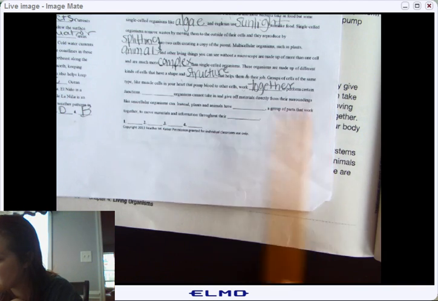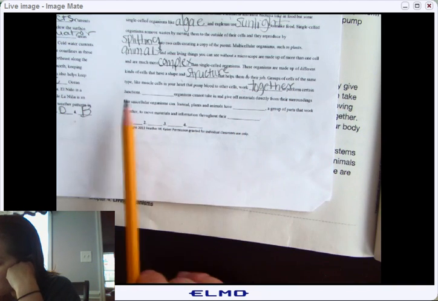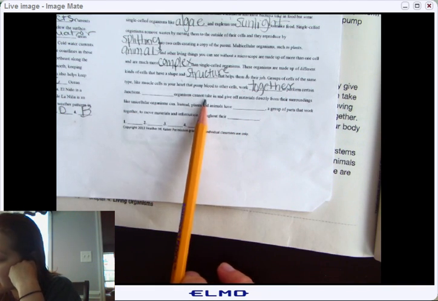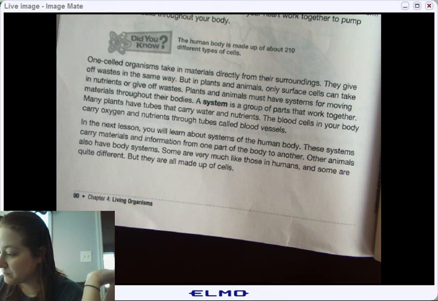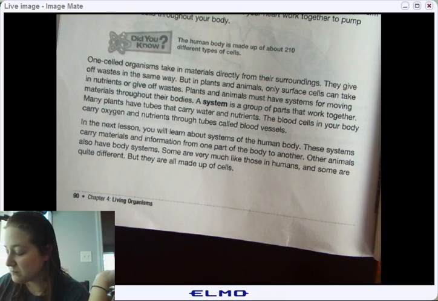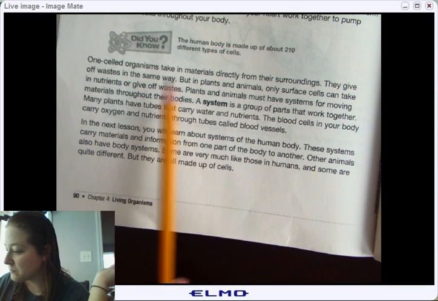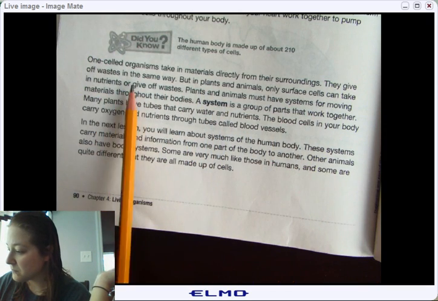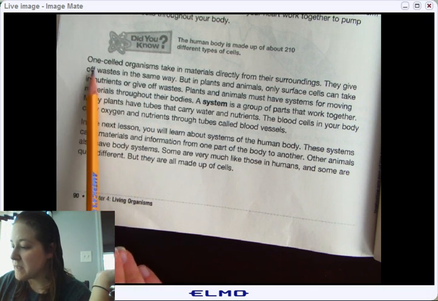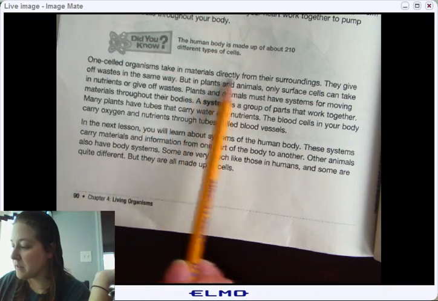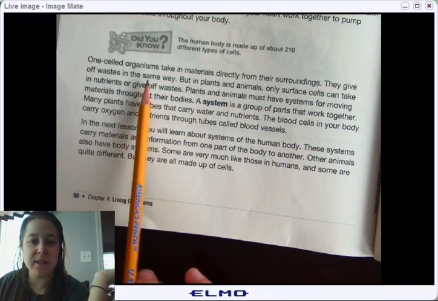So, looking at this, multicellular organisms cannot take in and give off material directly from their surroundings. If one-celled organisms take in material directly from their surroundings, they give off waste the same way.